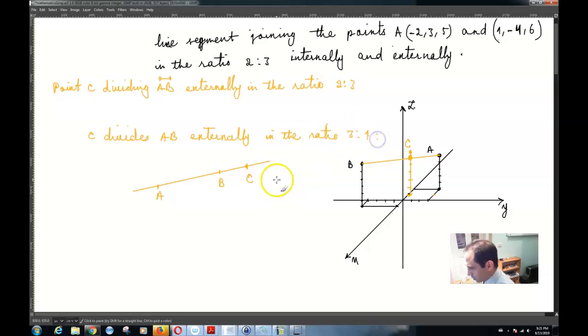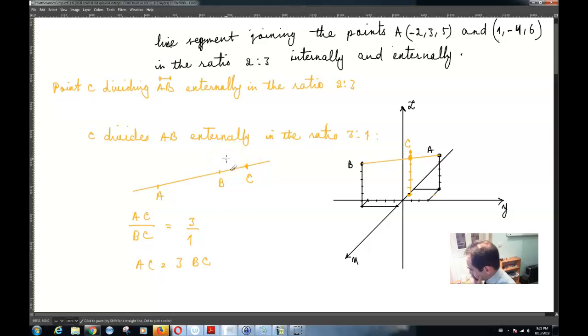What that means is that AC to BC is equal to 3 to 1. That means that AC is 3 times BC. So this distance AC is 3 times this distance BC.